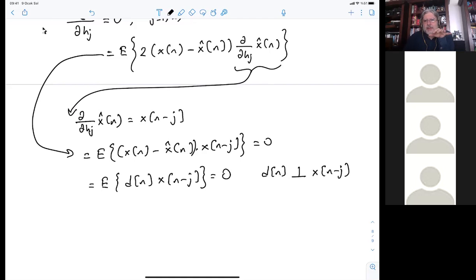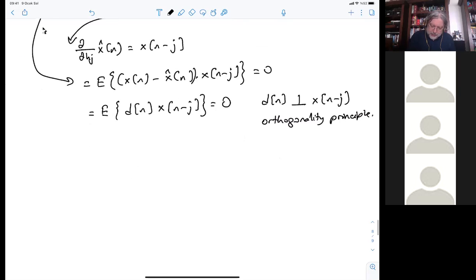So using past samples, we cannot make a prediction which has some residual information remaining from the past samples. Okay, it must be orthogonal. That is also known as the orthogonality principle. I just made a small pause here to show that the prediction error is orthogonal to the past samples, and it's important.